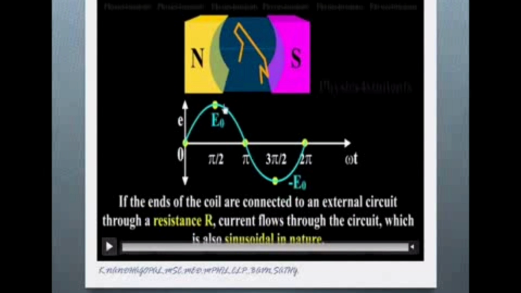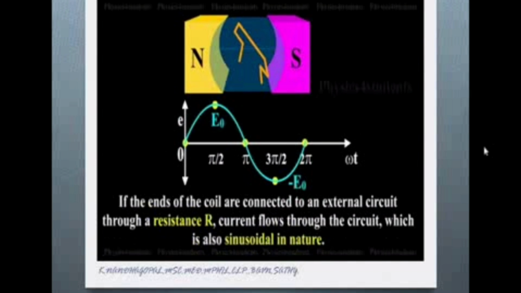So I equals I0 sin omega t, and E equals E0 sin omega t, where omega t is the sine angle. This is the third method of producing induced EMF, by changing the orientation of the coil.